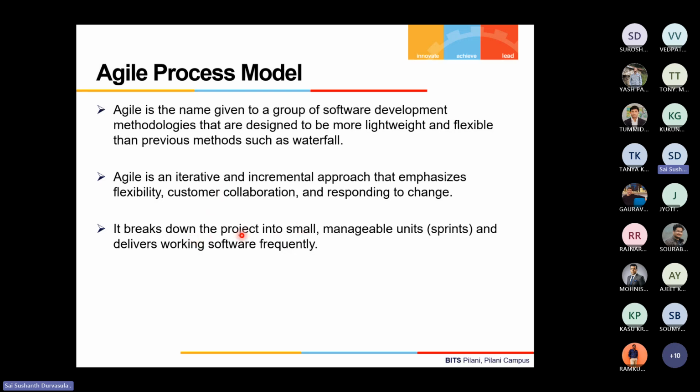So it breaks down the project into small manageable units. They are usually called sprints. A sprint can usually span 2 to 3 weeks timeline wise. So that same iteration, we are now making more concrete and calling it a sprint and have a timeline associated with it. And it delivers working software frequently. At the end of each sprint, you have that intermediate deliverable ready to be shipped to the customers.